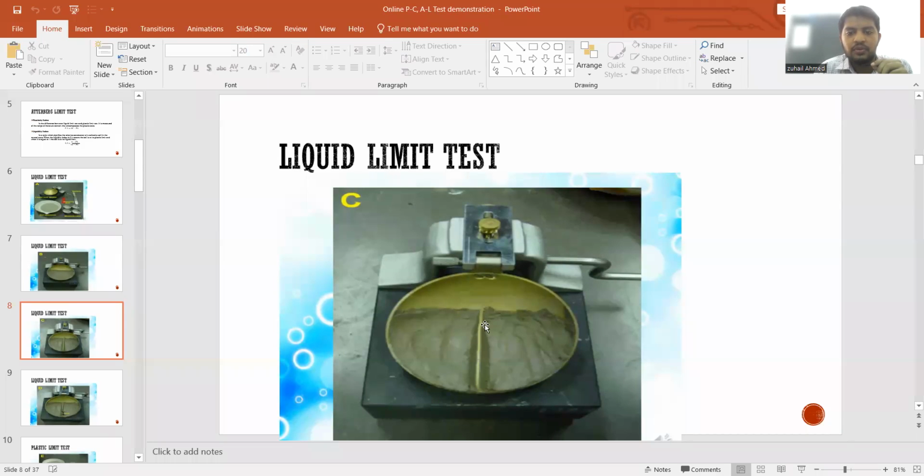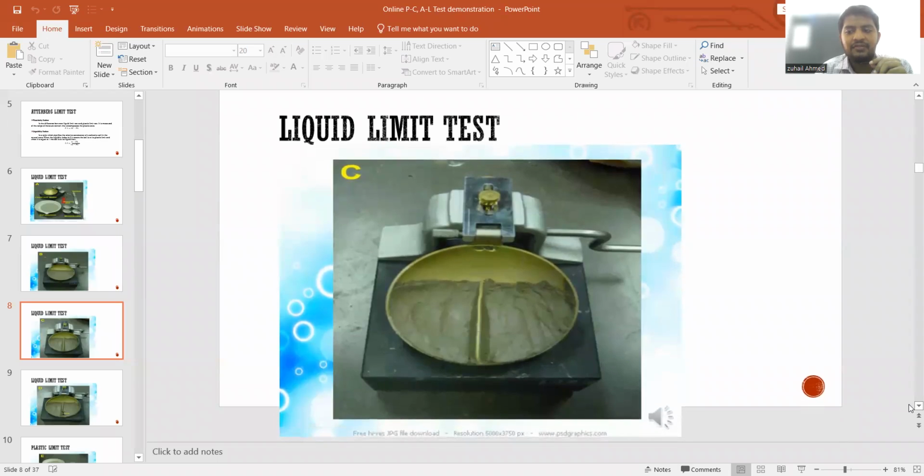After making the groove, this one is the handle, and you can rotate it. You apply 2 revolutions per second, and at that time the groove will get closer. It should close, but we can't say in which revolution, meaning in how many blows you are going to give.